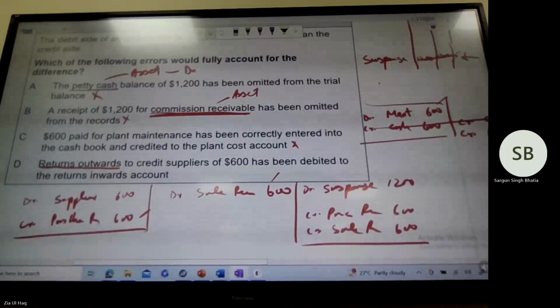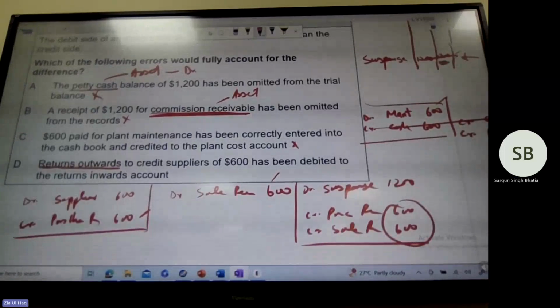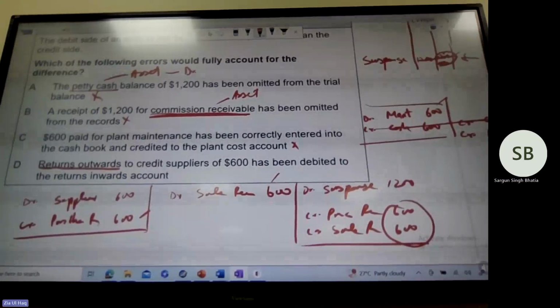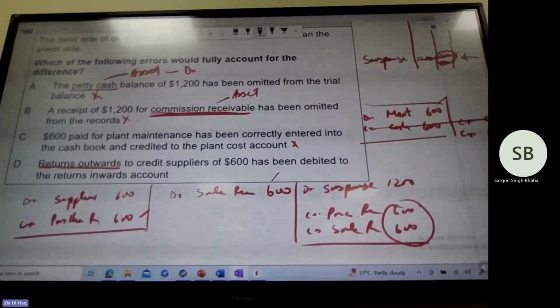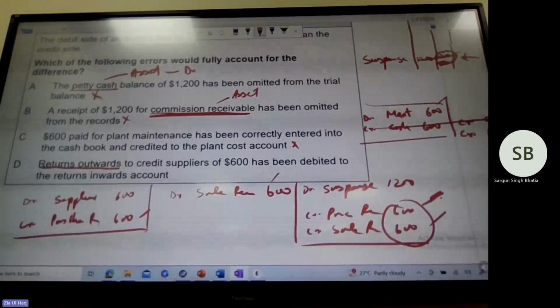These two entries should be on the credit side instead of 1200. So this suspense will be eliminated. Is that fine? Instead of 1200, there should be credit purchase return with 600 and credit sale return with 600.